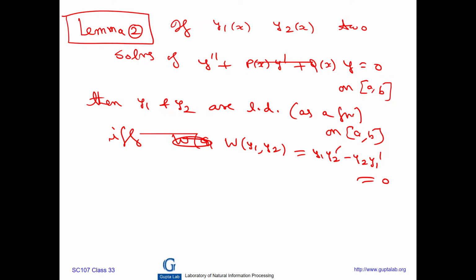So this result says that, so first result says that Wronskian of two functions is either 0 or either non-zero, right? So two cases possible. Now we are having another stronger claim that if Wronskian is 0, then y1 and y2 are dependent.